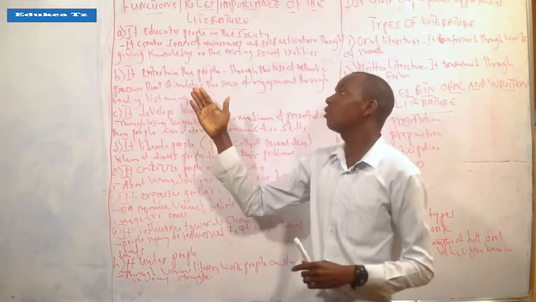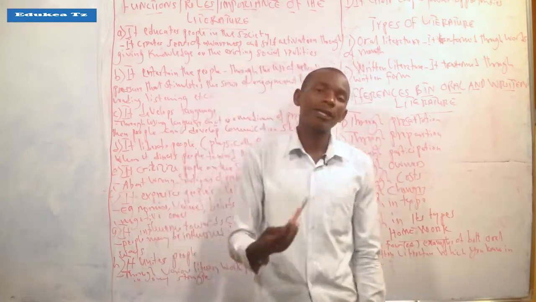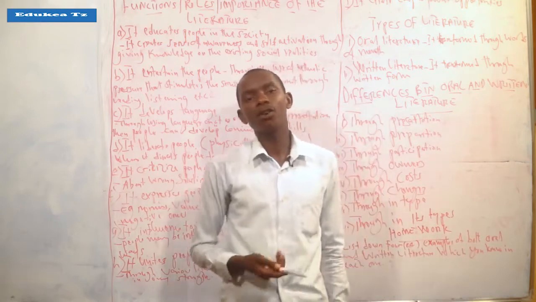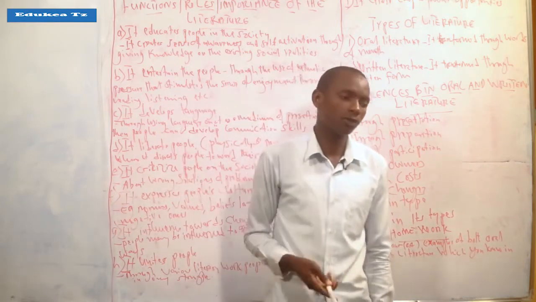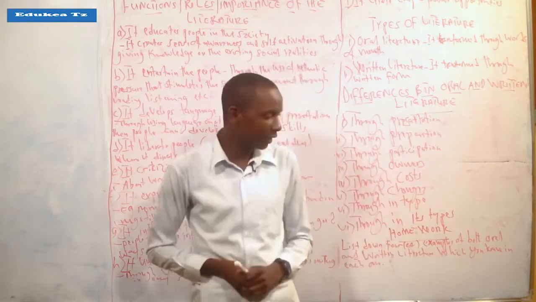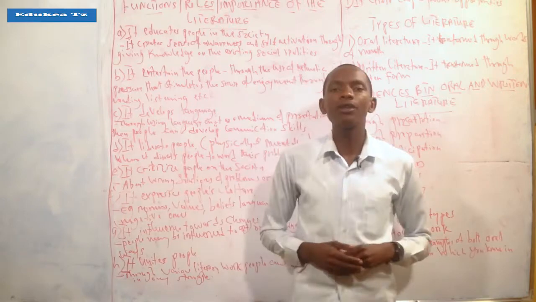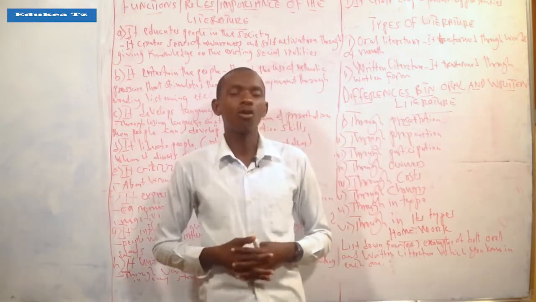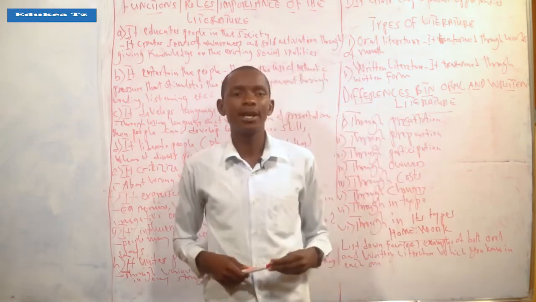That's why, as we have discussed here, after looking at those functions or roles of literature, now we are going to discuss forms or types of literature. There are only two types of literature, which are oral literature and written literature.